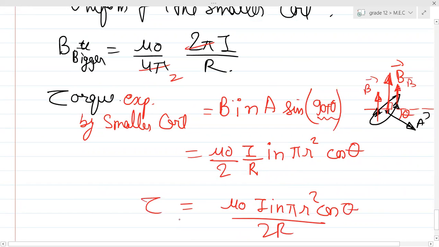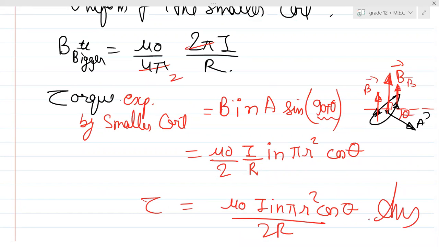That is the torque and that is the answer. Clear? So done, guys. Yes, sir.